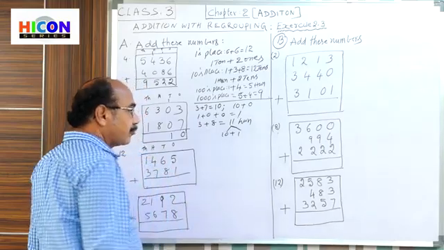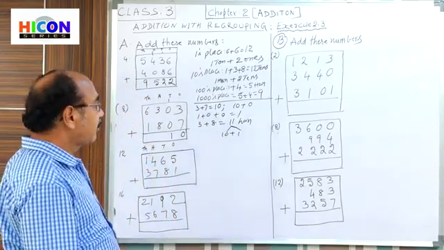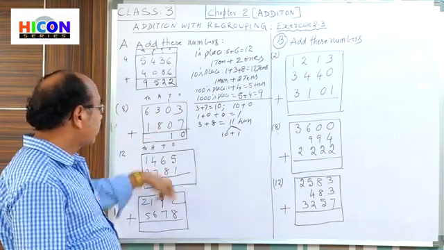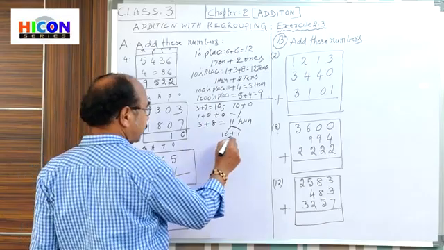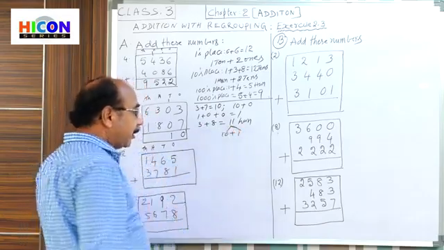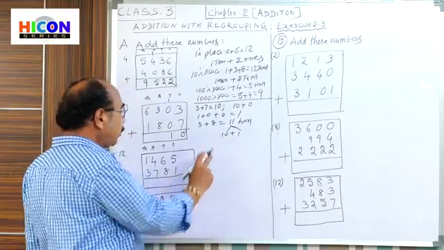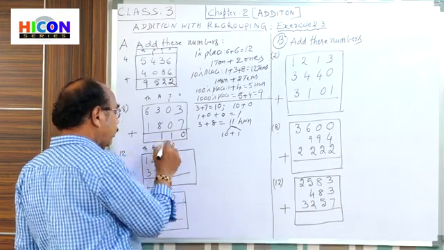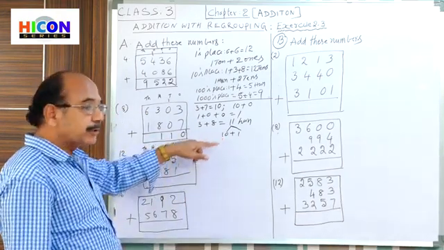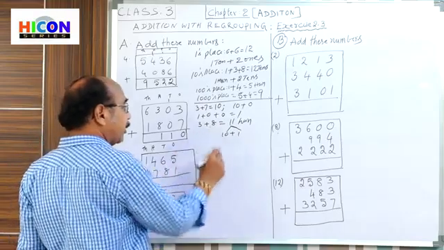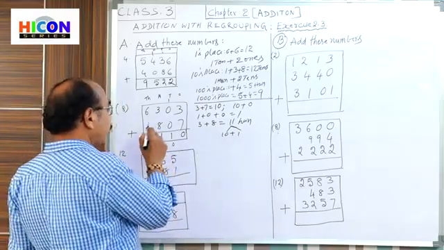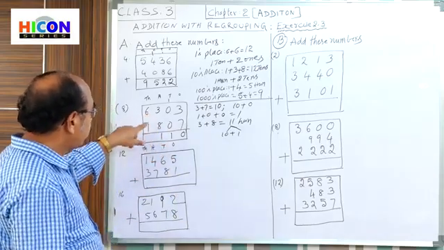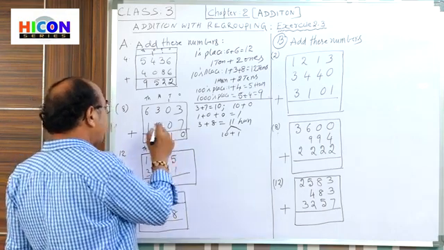10 plus 1, 11. That means 11 hundreds, that is 10 plus 1. So here 1 we write, and 10 hundreds means 1000.